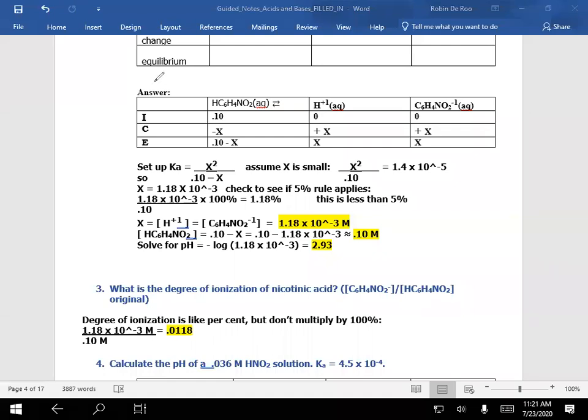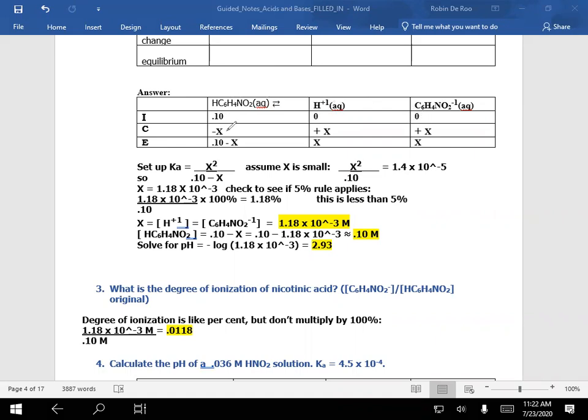So we have the H plus, the anion, and we start with the molarity of our weak acid as our initial. We have 0 of the hydrogen ion. We have 0 of the anion.